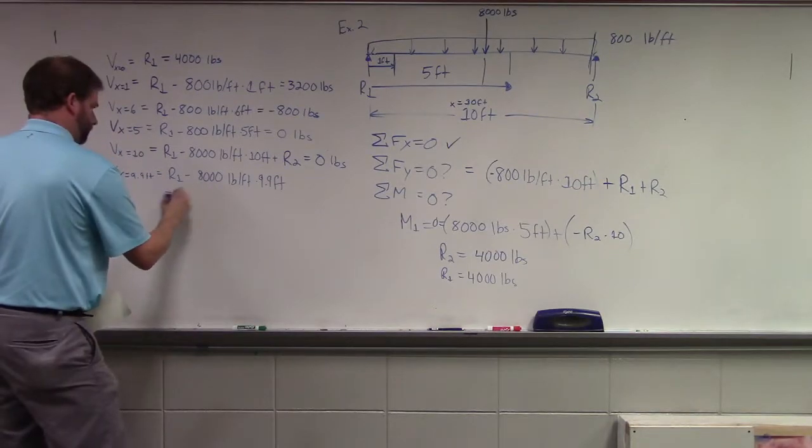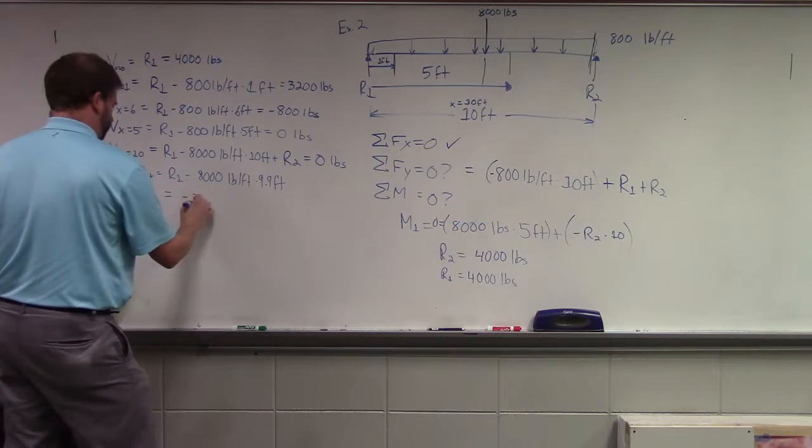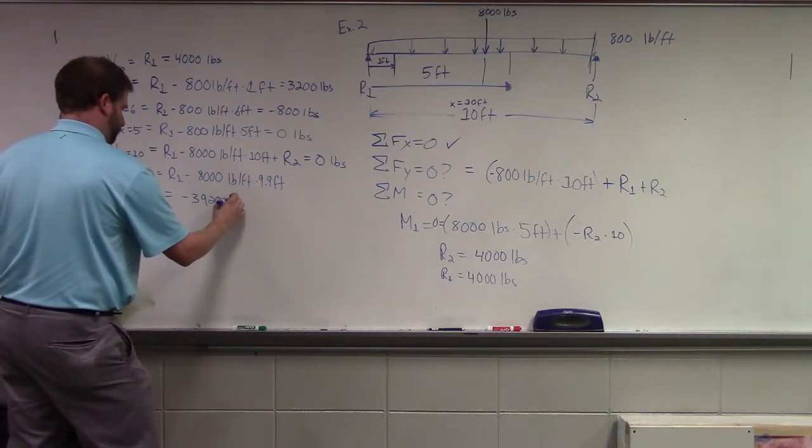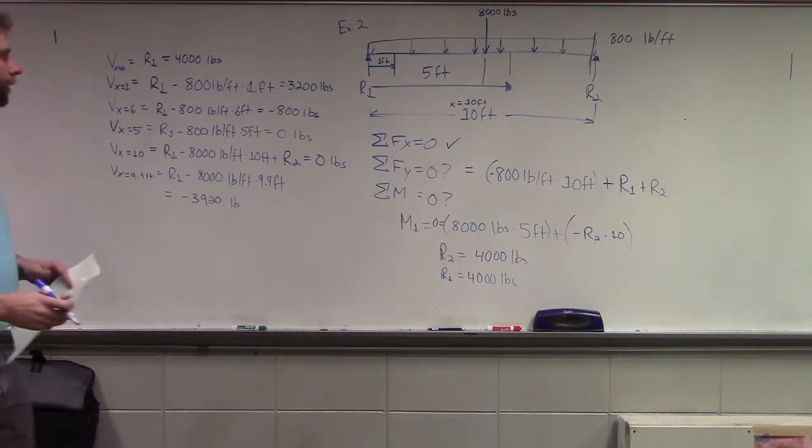Negative 79.20. It would be negative 79.20. This value, right? But you would take 4,000 out of that. Yep.